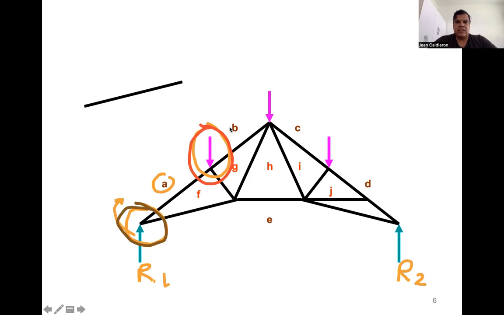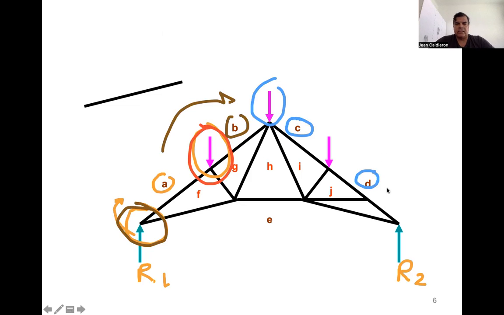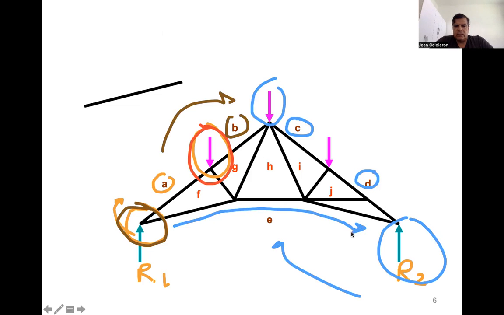We do the same with the next space. Going back here, we have B, which is shared between the red one and, let's call it, the blue one. And we put C in the next, and D in the next. We have reaction 2 here, which means that we need to put a new name on this side, and we have only E for all this area.